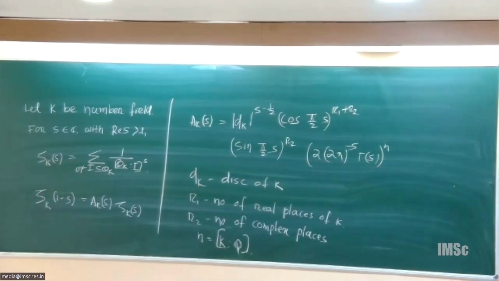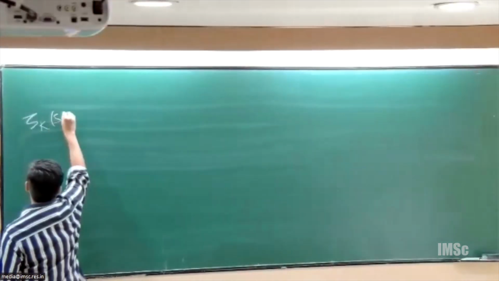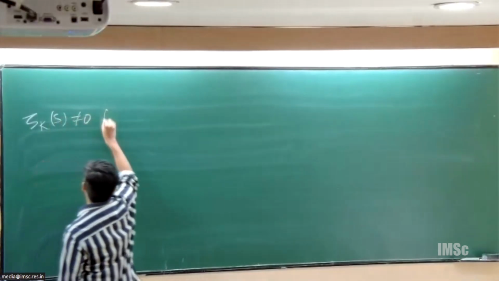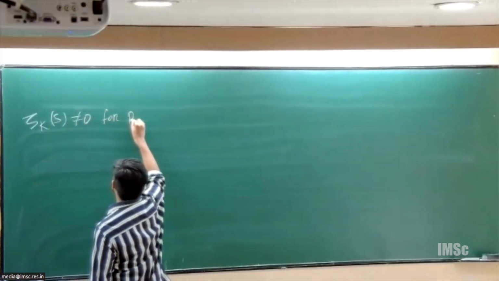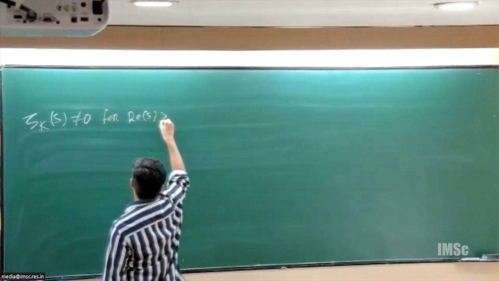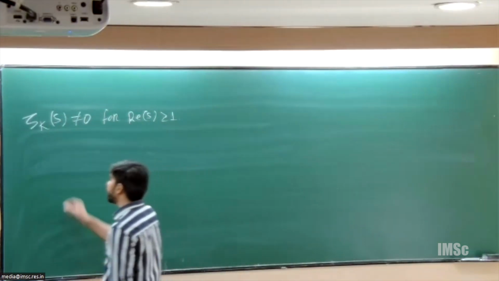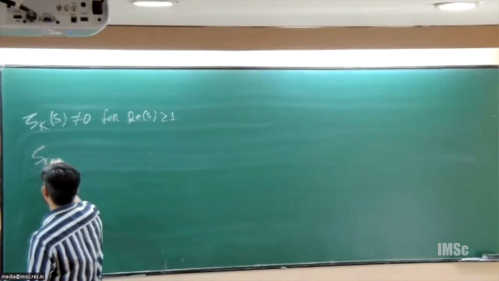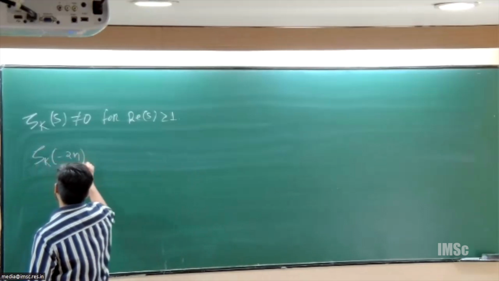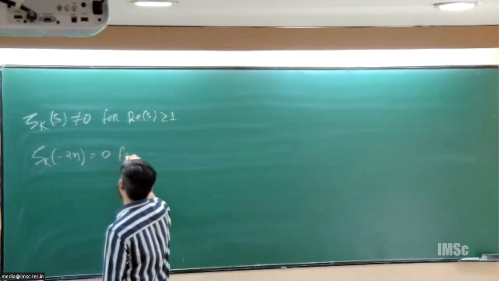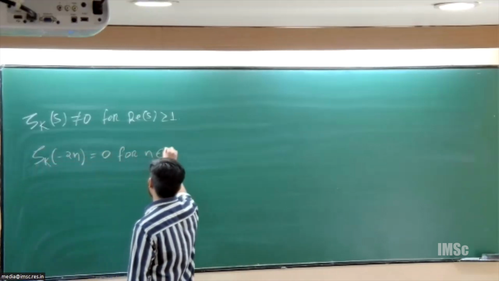We know that zeta_K of s is non-zero for real part of s greater than or equal to 1. So from the functional equation, we can say that zeta_K of minus 2n equals 0 for n a natural number.